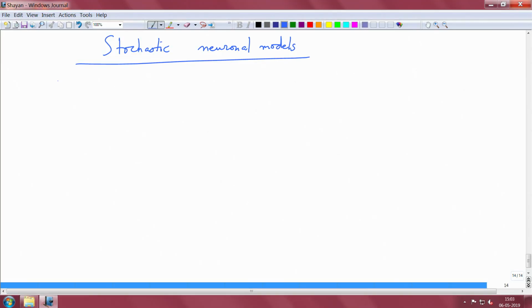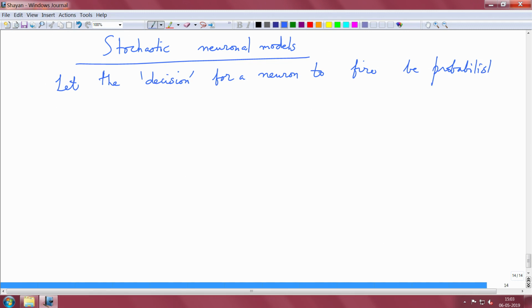So, let us describe this. Let the decision for a neuron to fire be probabilistic.